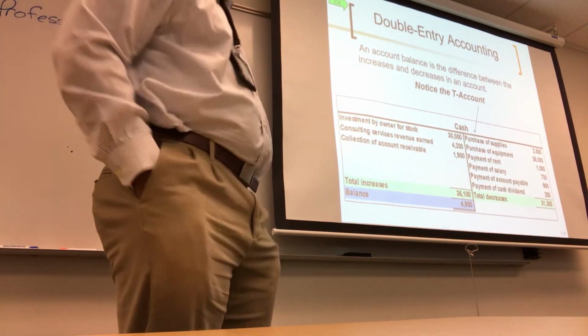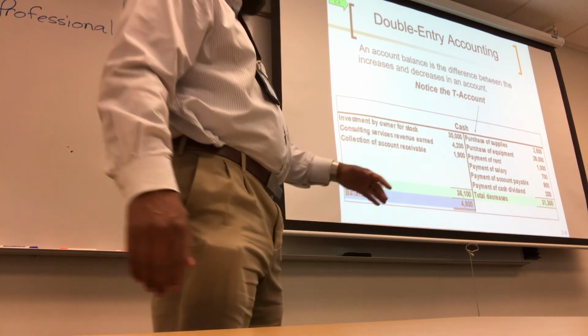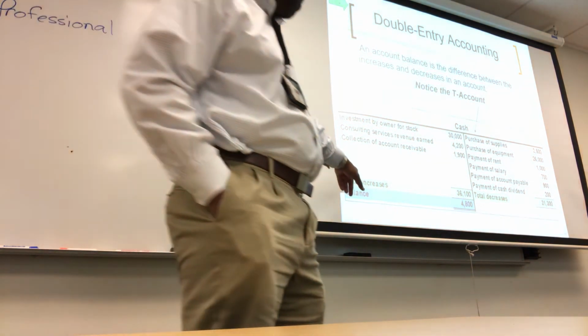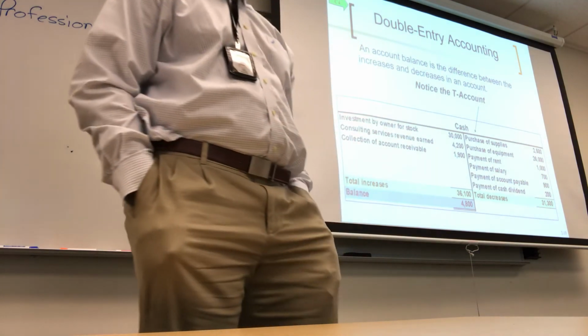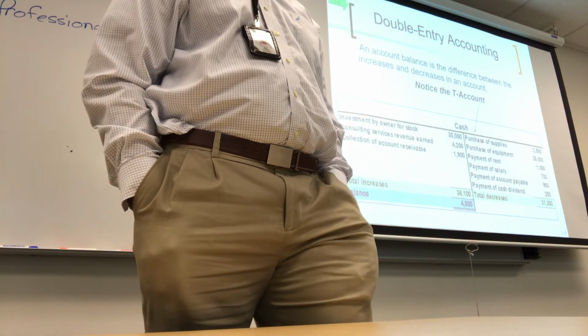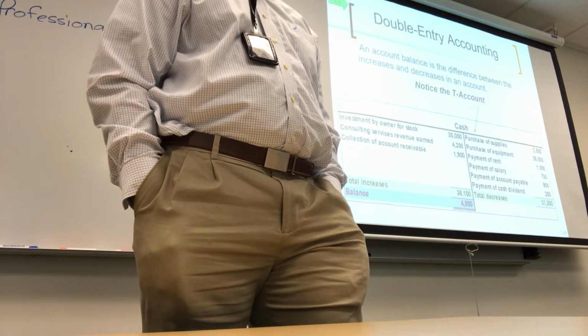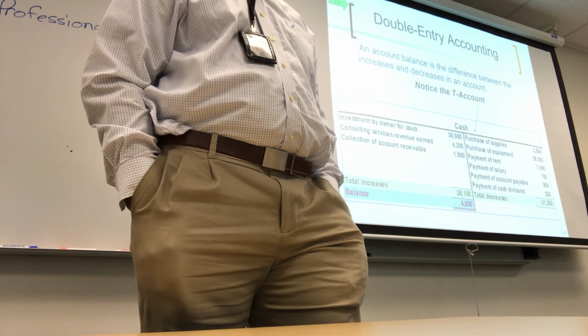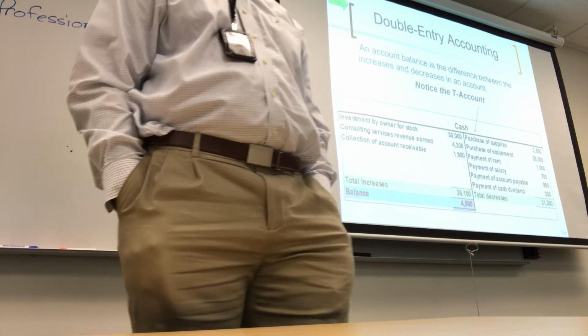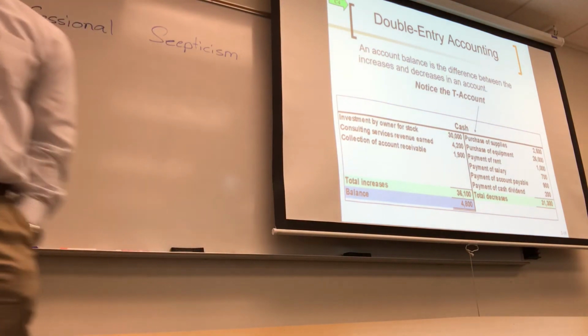So with this company, at the end of this period, I would expect them to have $4,800 cash in their balances. Everyone with me? So this is another show of T accounts.